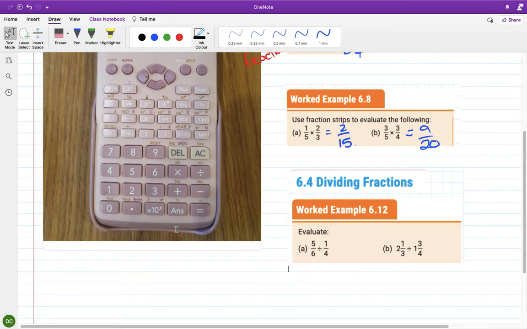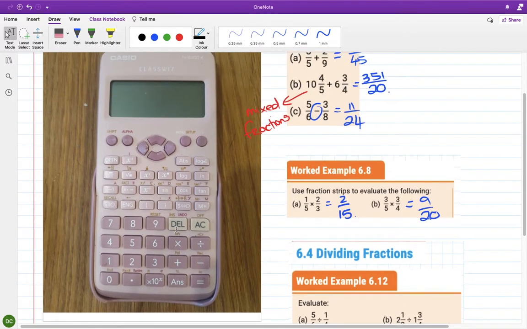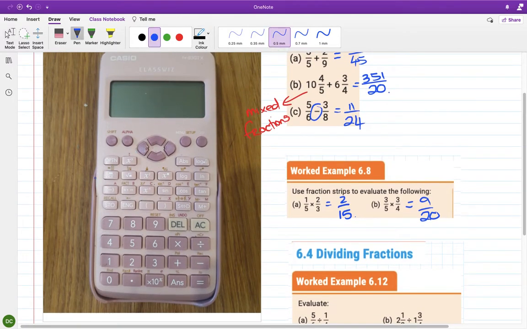Right, so the first one is 5 over 6 divided by a quarter. So again, pretty straightforward. You go fraction button, which gives you your 5 on top, your 6 on the bottom. You need to press your right hand arrow and then your divide, so that your divide goes up in the middle, and then you're back to your fraction button again.